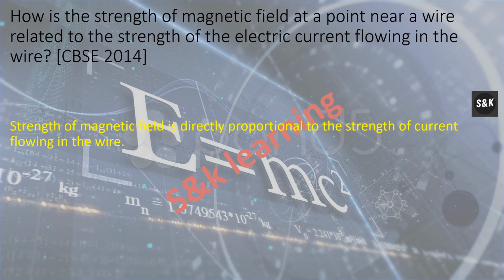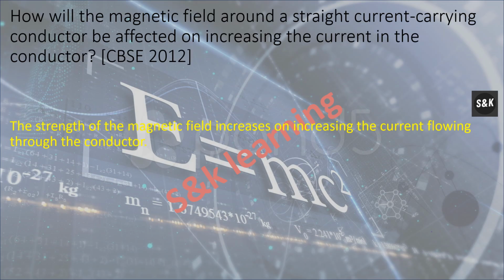How is the strength of the magnetic field at a point near a wire related to the strength of electric current flowing in the wire? The strength of the magnetic field is directly proportional to the strength of current flowing in the wire. How will the magnetic field around a straight current carrying conductor be affected on increasing the current in the conductor?